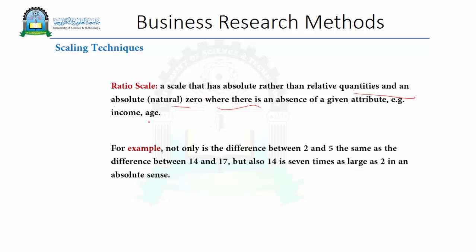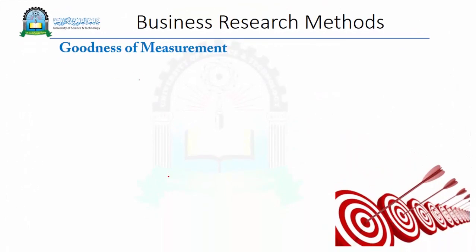For example, not only is the difference between 2 and 5 the same as the difference between 14 and 17, but also 14 is 7 times as large as 2 in an absolute sense. So it is the differences between choices but must be doubled or must be in a ratio scale.